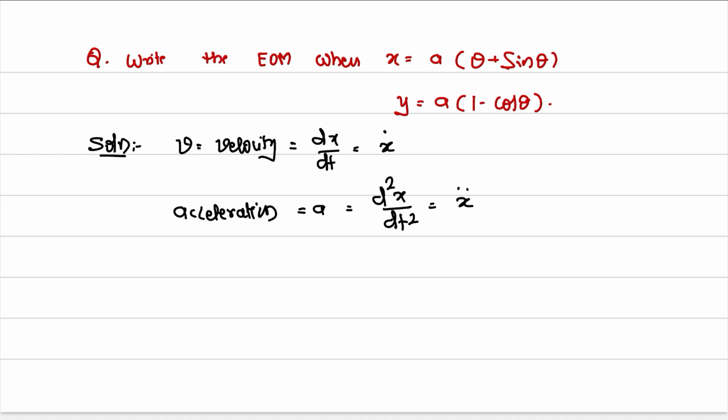And then angular velocity. Angular velocity is the rate of change of angle, that is d theta by dt, that is equal to theta dot. Angular acceleration.